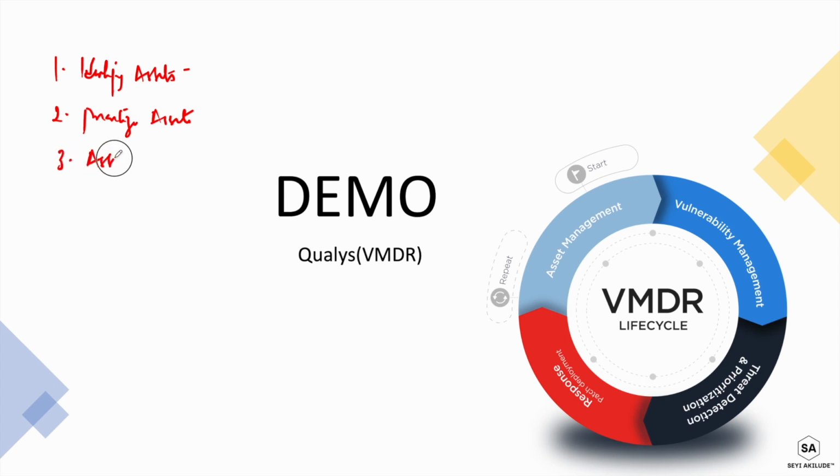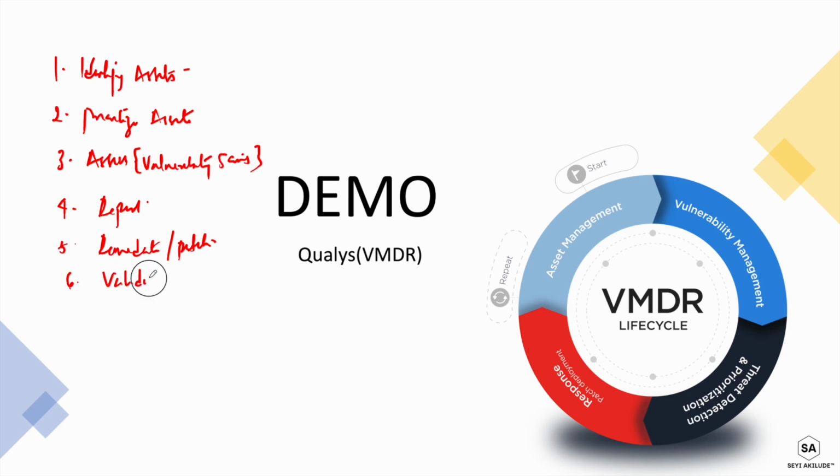Number 3 is to assess, which has to do with vulnerability scans. Number 4 is to report. Number 5 is remediation, or patching. And number 6 is to validate.